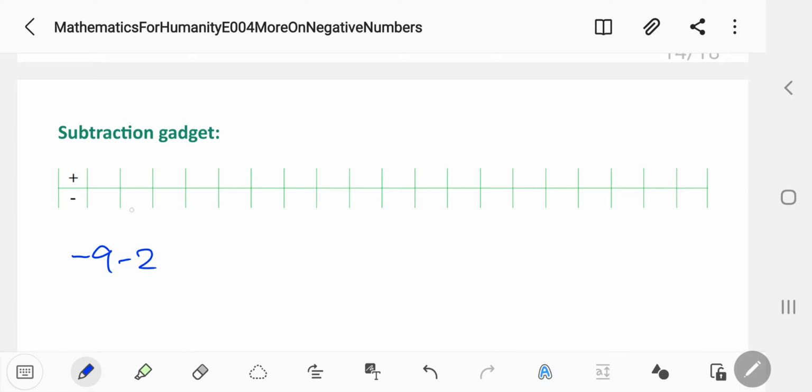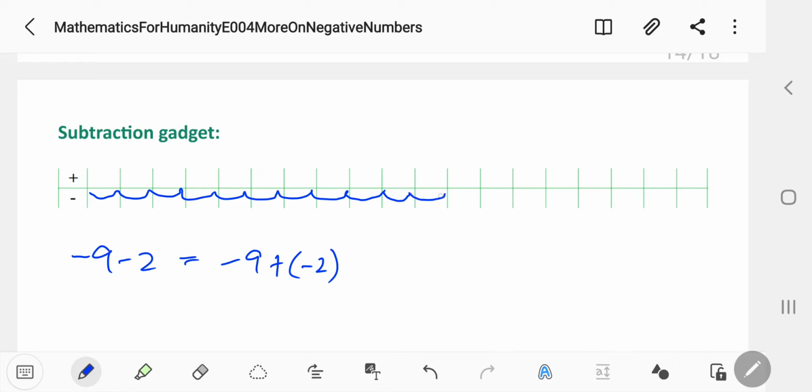So this is 1, 2, you can do the wave, minus 2. 1, 2, 3, 4, 5, 6, 7, 8, 9. And then this is just equal to negative 9 plus negative 2, right? So you can add 2 more here, and then you can count 1, 2, 3, 4, 5, 6, 7, 8, 9, 10, 11. So that's equal to negative 11 because it's on this side of the negative here.